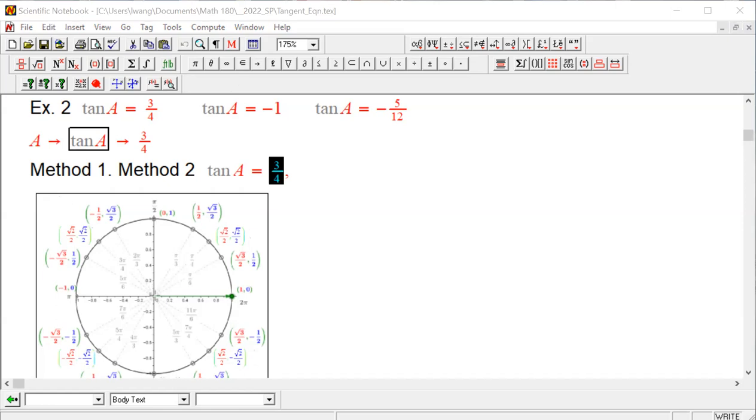There's a terminal on the unit circle somewhere. So if you look at it, this is 0.75, right? And I think that number is in between. Wait, this is 1, so it's in between, because in this interval tangent is increasing, right?